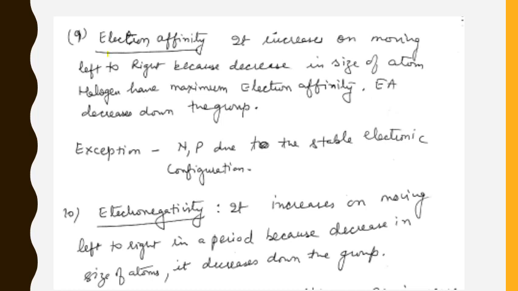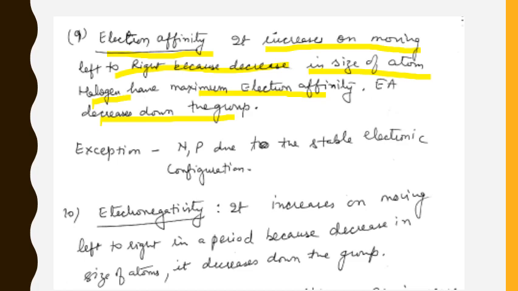Now if we see the electron affinity, it increases on moving left to right, as we know, due to the decrease in the size of the atom. And the halogens come in group 17, which has the maximum electron affinity. But if we see down the group, the electron affinity decreases.